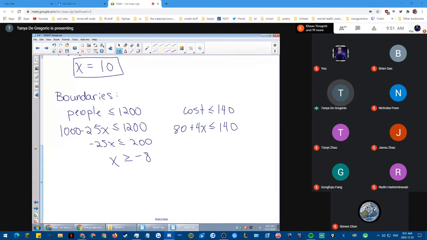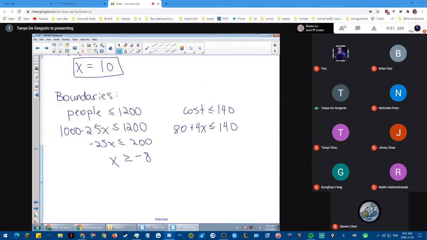Now I ended up with a negative number. X is greater than or equal to negative 8. Well, if X represents the number of price increases, what does negative 8 represent? Yes. Good. Instead of increasing the price, you're decreasing the price, right? You're getting a negative X. X represents the number of increases. So if you get a negative, that means you're actually decreasing the price.